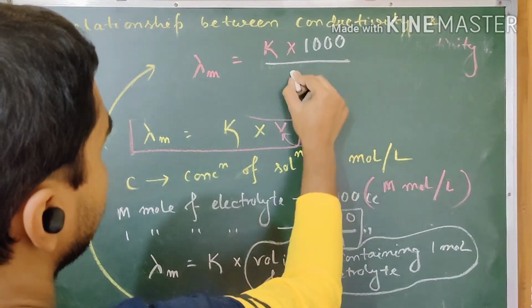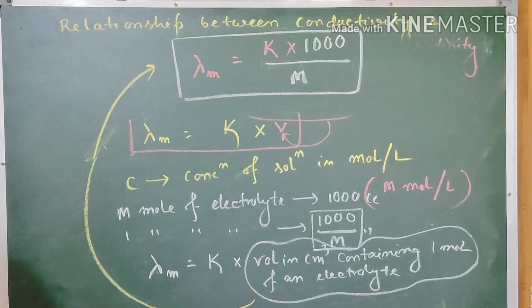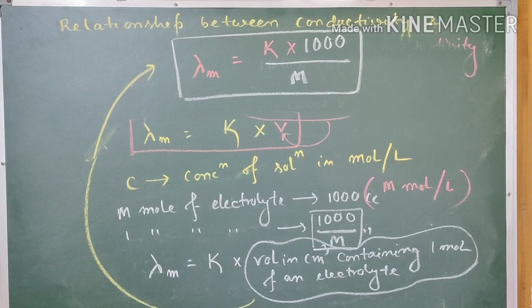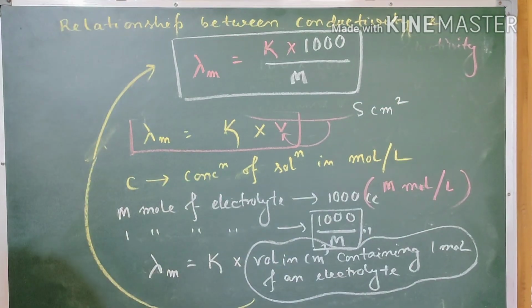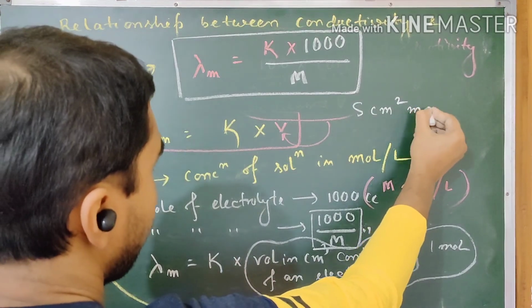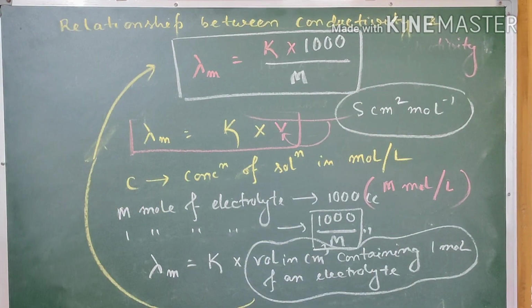This particular equation or formula, whatever you say, will be utilized again and again, and its unit is Siemens centimeter square per mole. We are going to show it to you later how it is determined, but as of now this is the form and this is the unit.